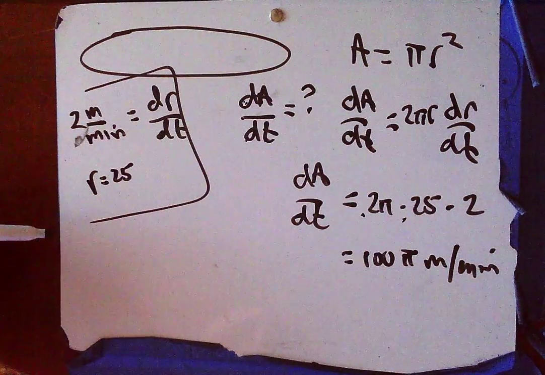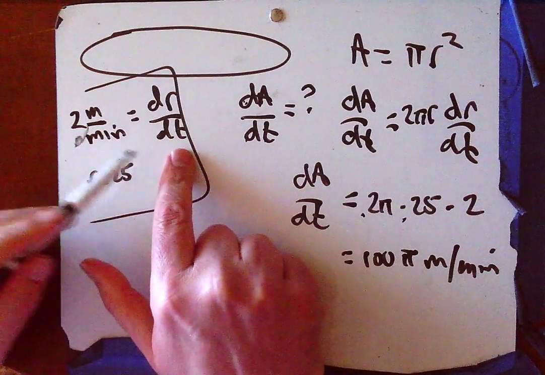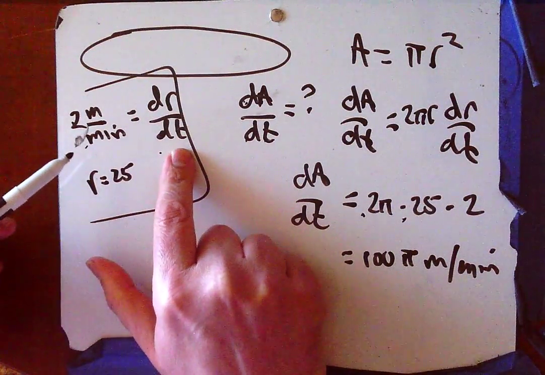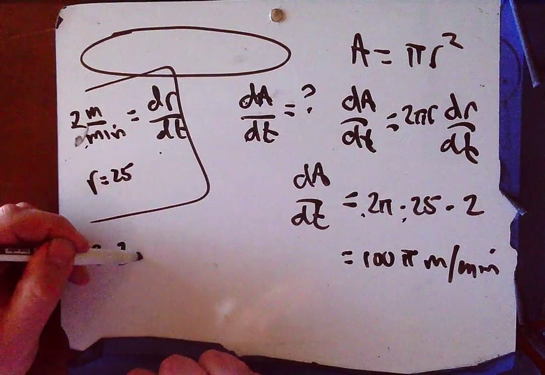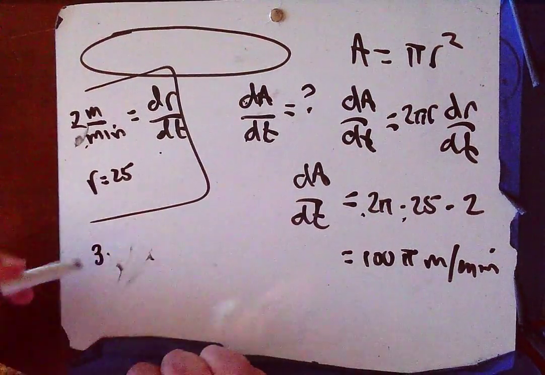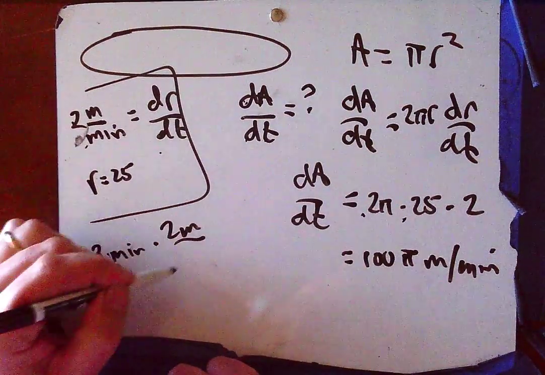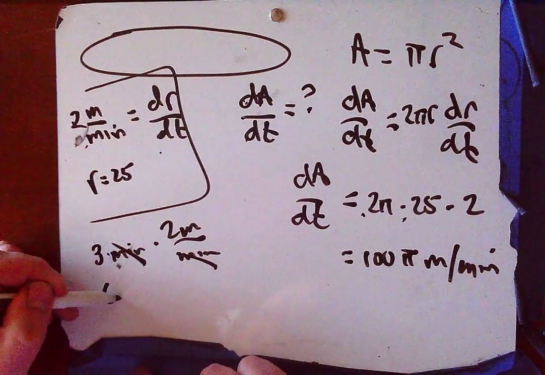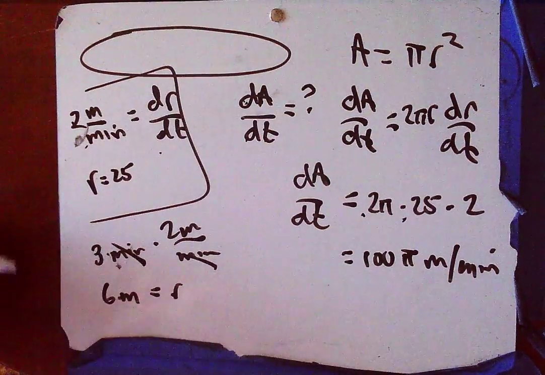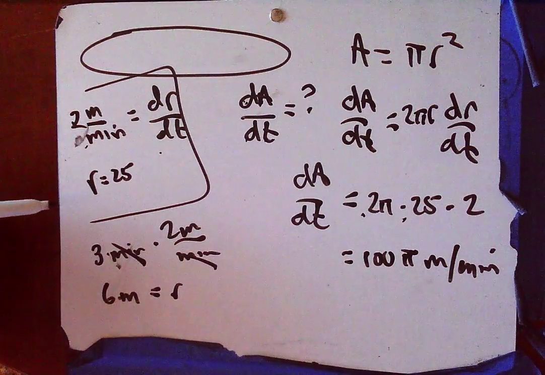Well, we know that the radius is increasing at 2 meters per minute, and after 3 minutes, this is 3 minutes times 2 meters per minute. And so we end up with 6 meters is our radius. And we want to know how fast is the area increasing.